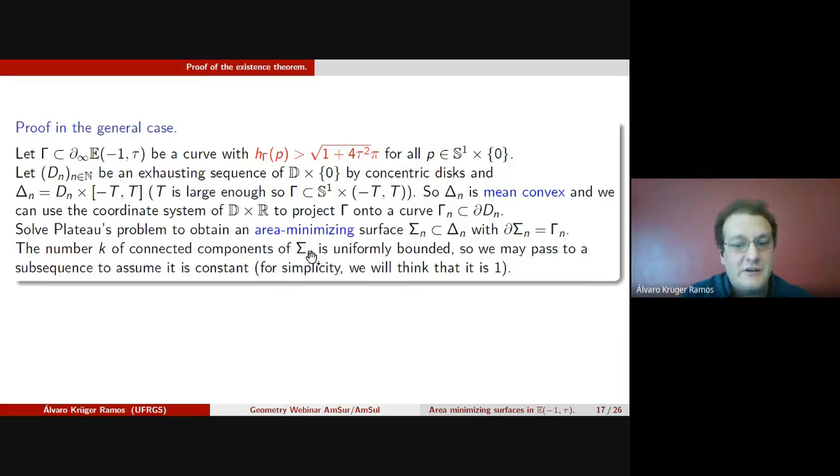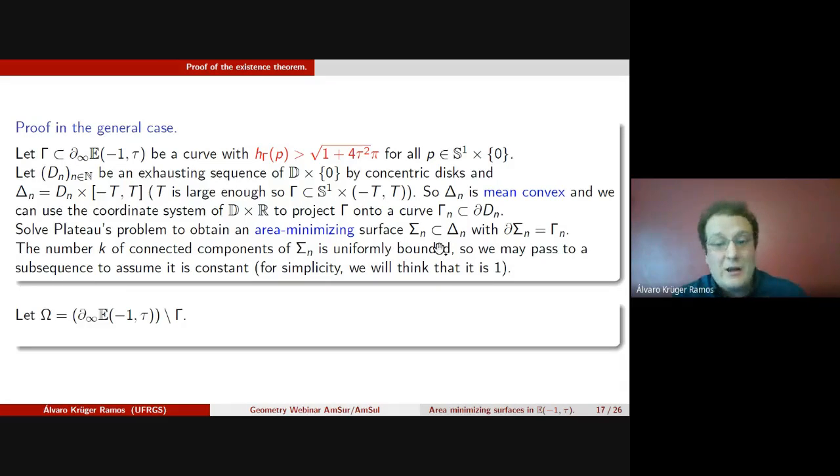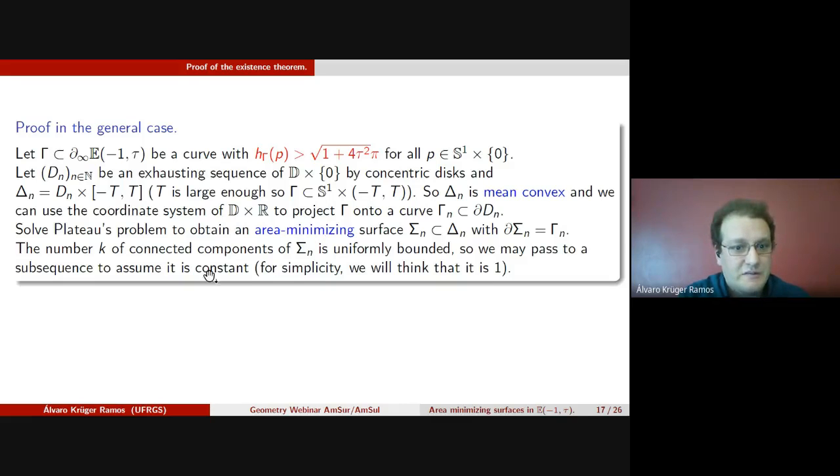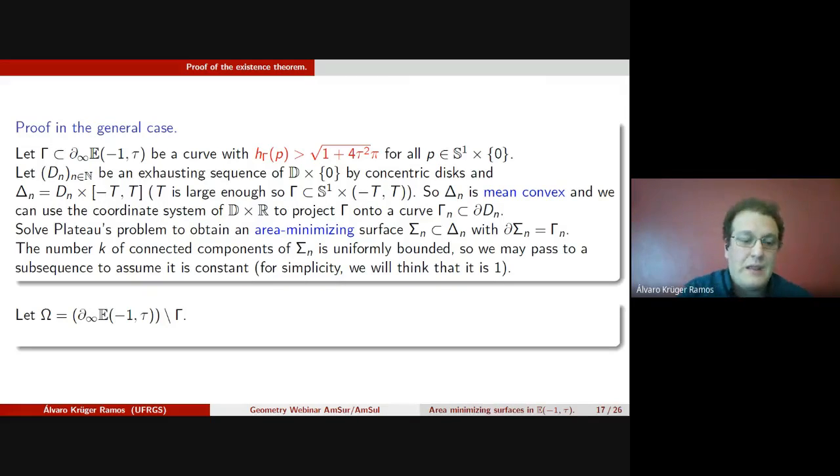And for simplicity in the talk, I will think that this number is 1. Or in other words, we will assume that sigma n is connected, although gamma could be disconnected. Okay, and now the proof begins. Here is just setting up the things, and now we begin the proof.